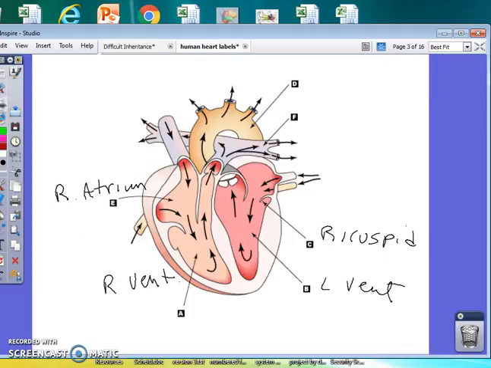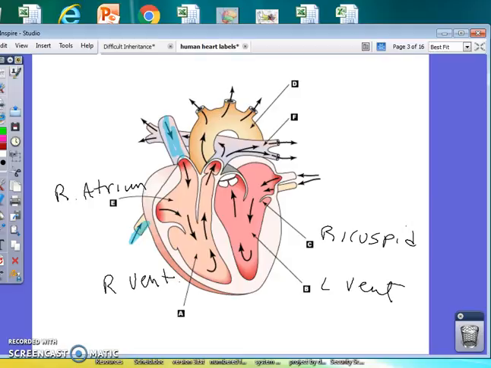So the main blood vessels that are coming in and out of the heart are going to be located, these main trunks that are coming out. In this particular case, there's a big blood vessel here and a big blood vessel there. They're actually part of the same blood vessel. There's an inferior one, which is the one at the bottom, and there's a superior one, which is at the top.